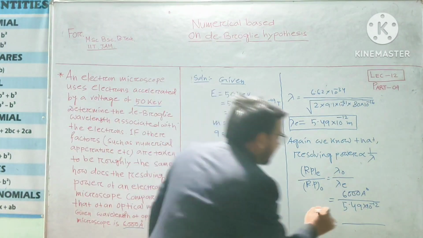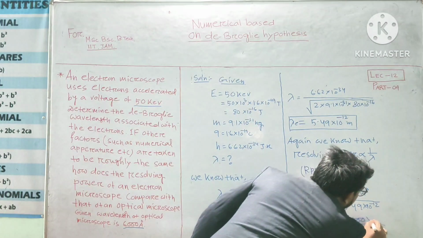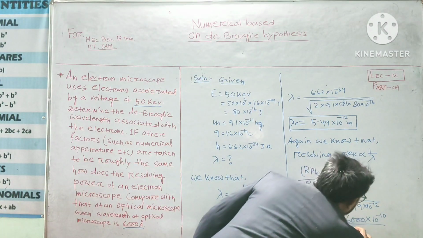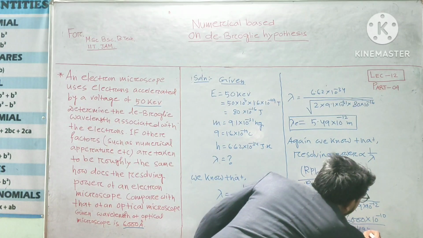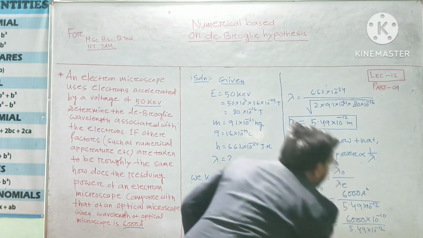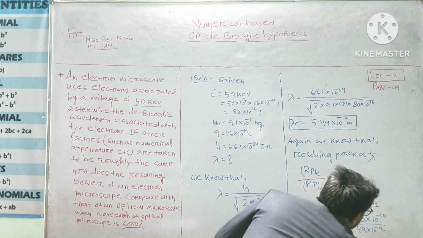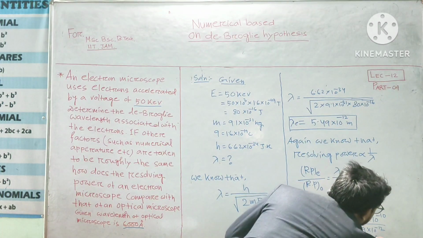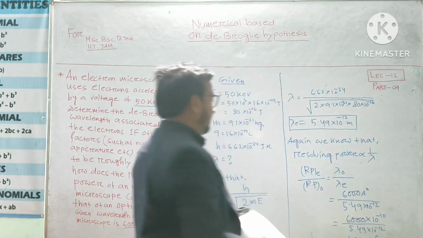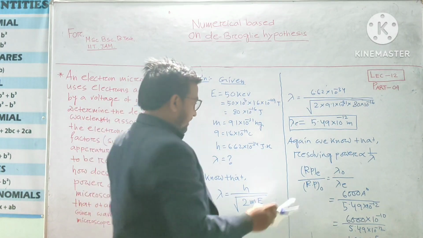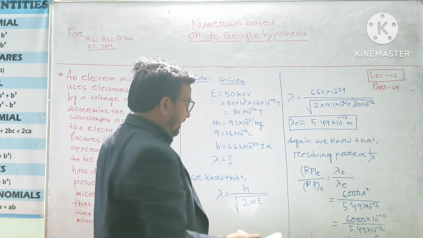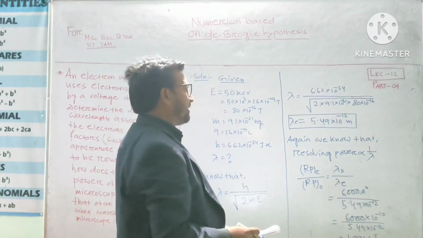So we can write 6000 into 1 angstrom, that means 10 to the minus 10 meter, divided by 5.49 into 10 to the minus 12. After solving this part, we will get the result 1.09 into 10 to the power 5. Okay, so this is our required comparison between the resolving power of the electron microscope and the resolving power of the optical microscope.